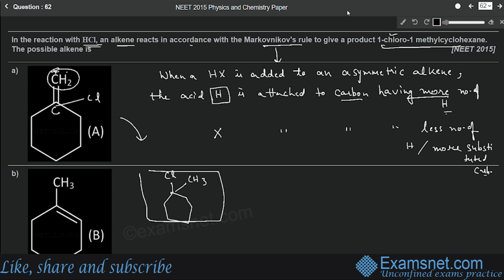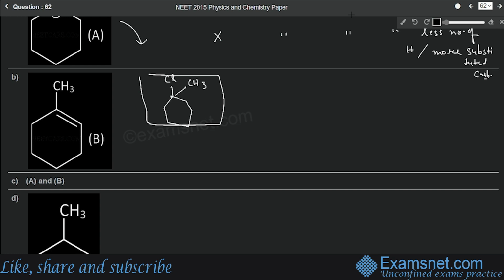Now let's check the second option. Here we have the double bond at this position. So we have one carbon here and the other carbon here. Which one is having less number of hydrogens? This one. Let's say this is carbon number 1, this is carbon number 2. Carbon number 1 is having less number of hydrogens because it is more substituted.